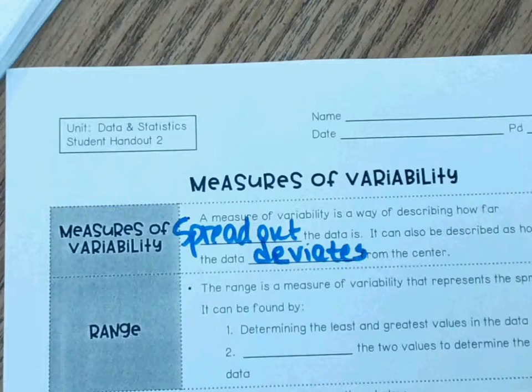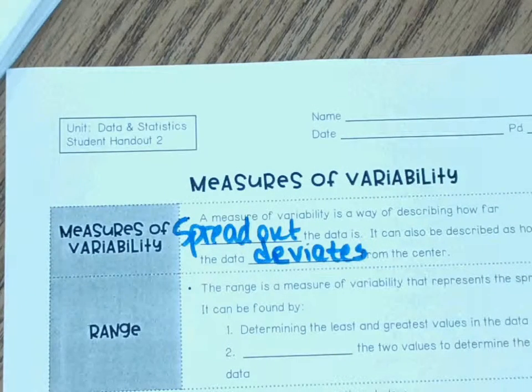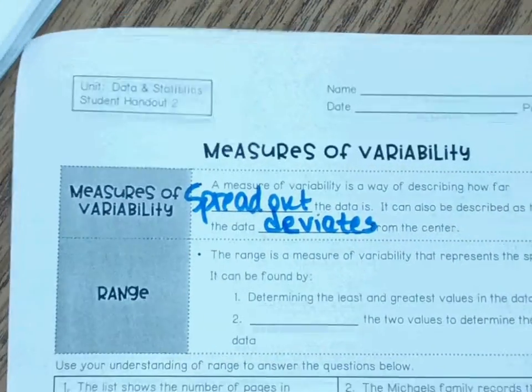And all you have to do is figure out, or they use the word determine, the smallest number in your data set, the largest number in your data set, and then subtract them.